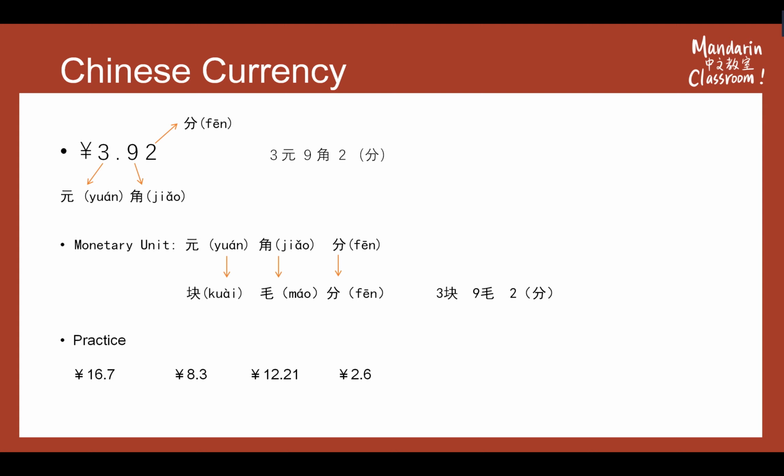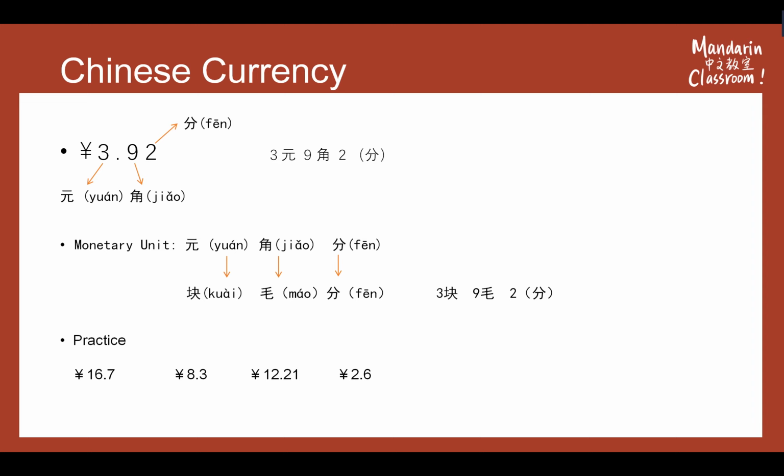If I say it fully, without avoiding the unit, it's 3.9毛2分. If I avoid saying the last unit for the 2, it's 3.9毛2.